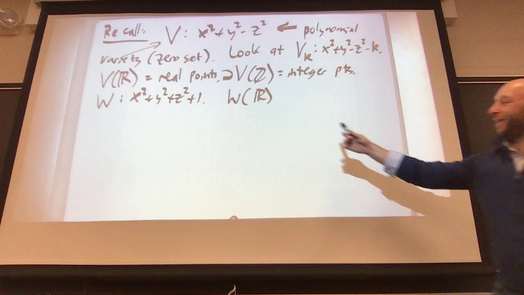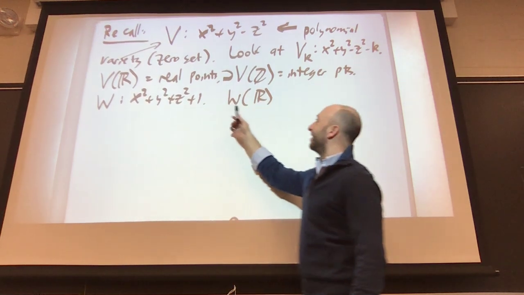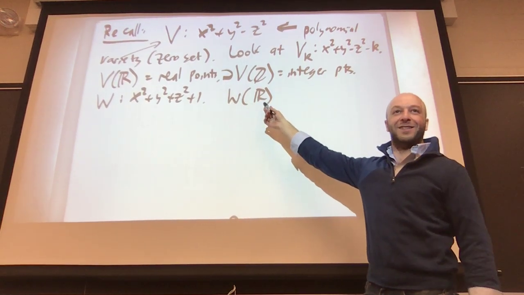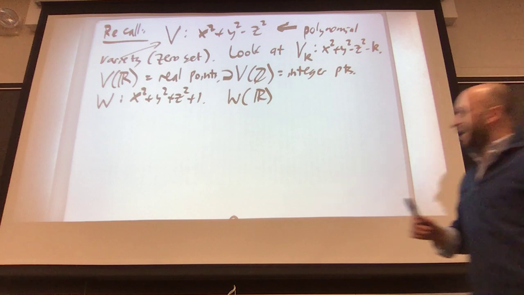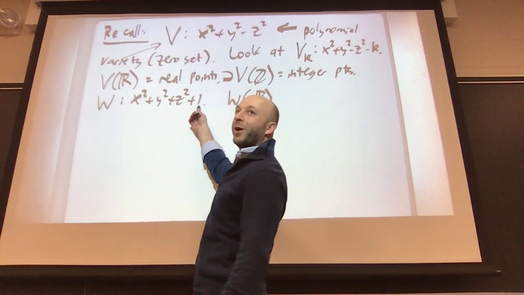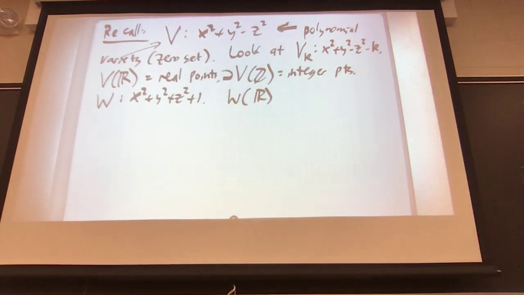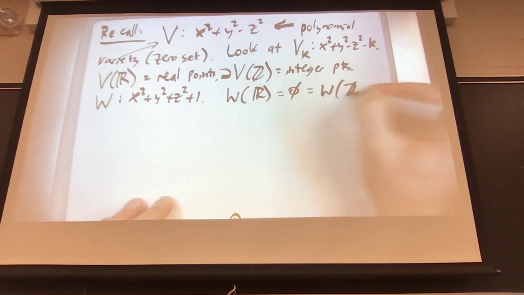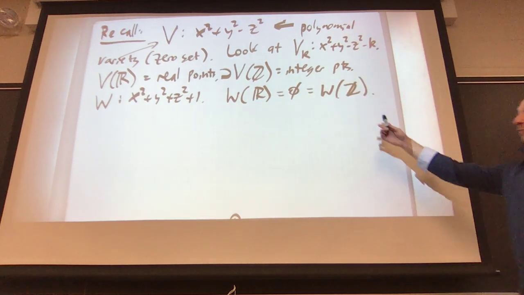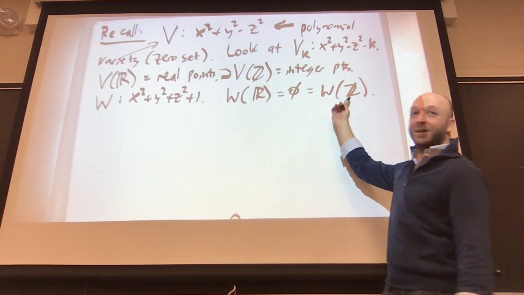By this I mean what are the real solutions to this equals 0? And so, Alex, why none? For any variables x, y, z, you're summing three squares and then adding 1. This is going to be bigger than 1, you're never going to hit 0. So this is the empty set. And so if we're trying to understand the rational points or the integer points, we don't have to worry very much because there aren't any real points. So there are not going to be any rational points, so there are not going to be any integer points.